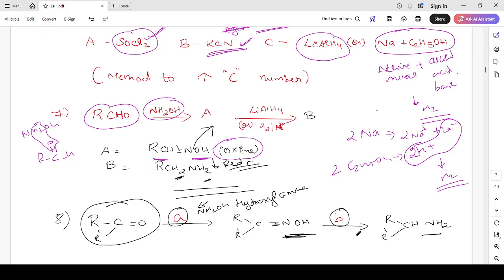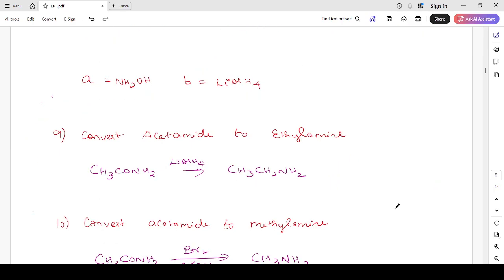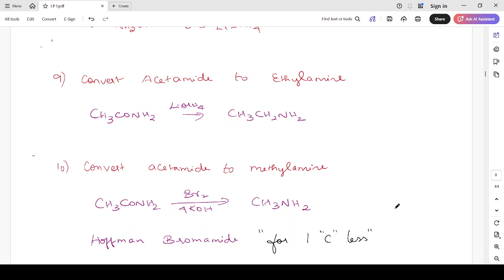You're reducing it. Which reagent did you use? We'll use a common reducing agent like lithium aluminum hydride or hydrogen in the presence of nickel to convert the oxime into amines here. Right?